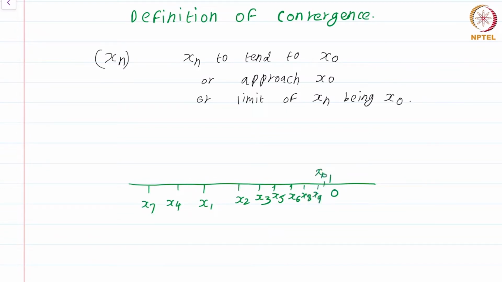Let's say that eventually it turns out that all the terms of the sequence keep getting closer and closer to 0. Then we would like to say that xn converges to 0.